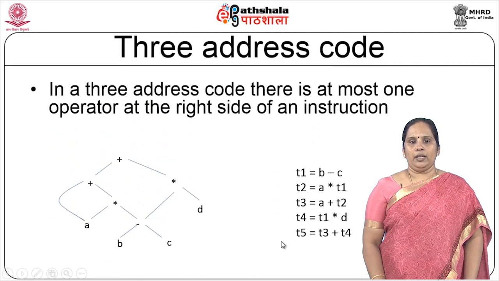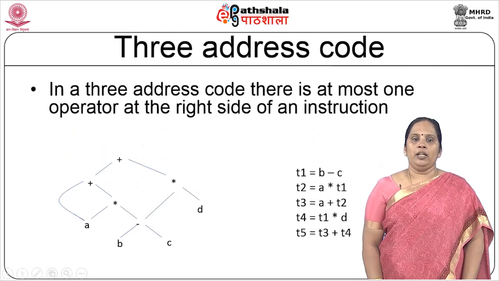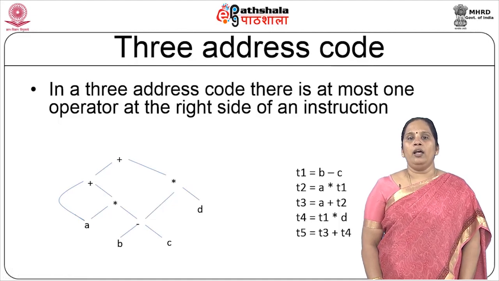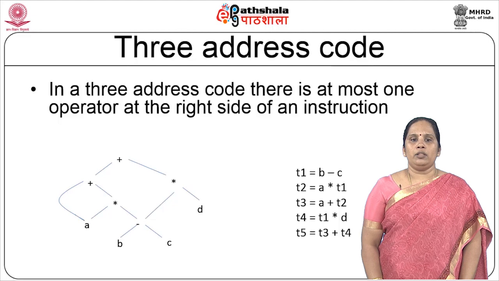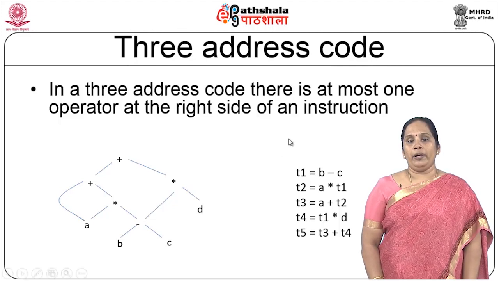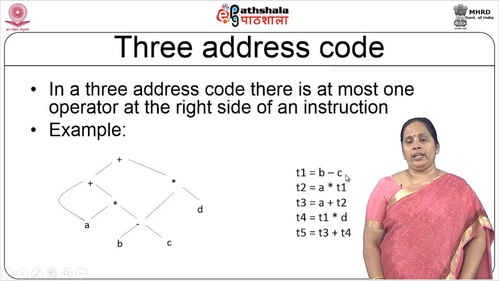So consider this example which we stopped at in the previous module. A 3-address code is one where there are at most 3 operands. There is at most one operator on the right hand side of an instruction, and basically only 3 addresses are possible.